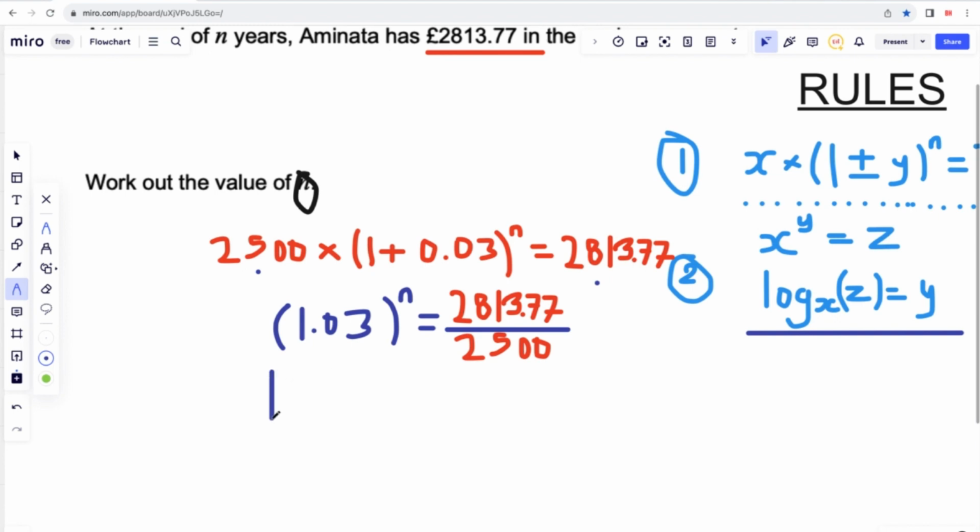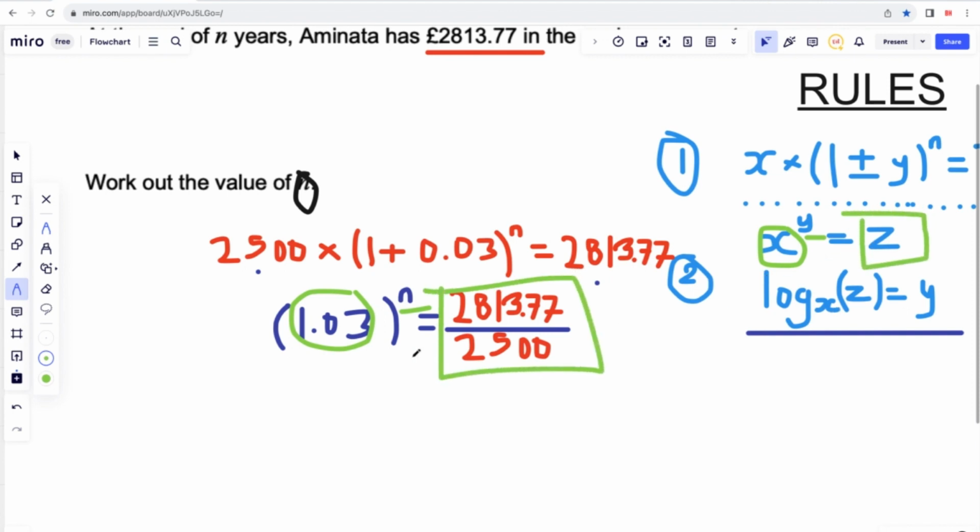So now for that, x is 1.03, y is n, and z is this fraction here. So if we turn that into log form, this is what we're going to get.